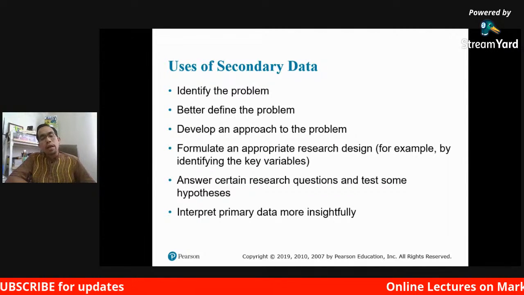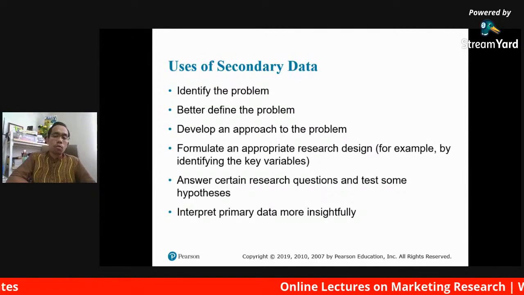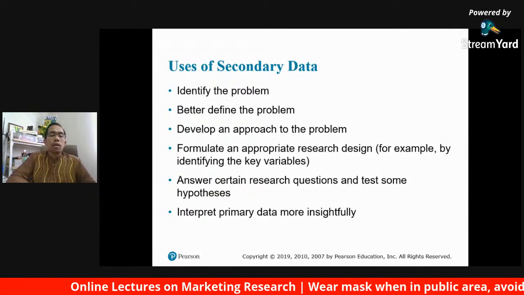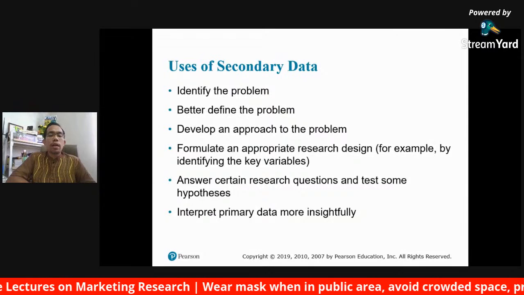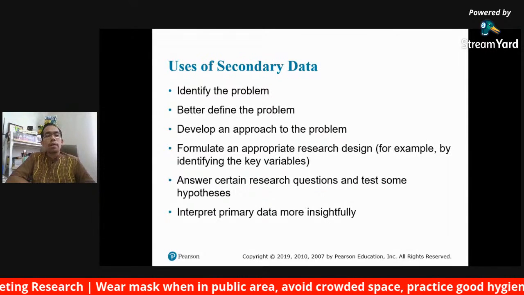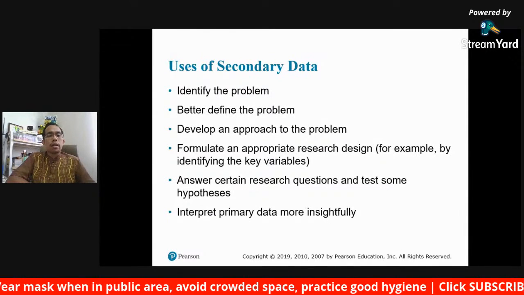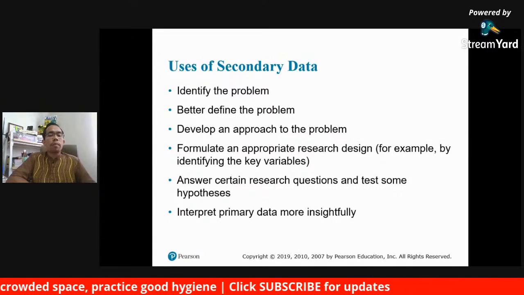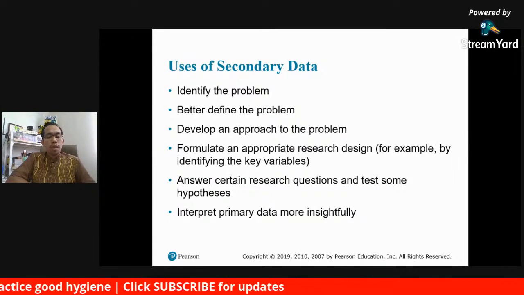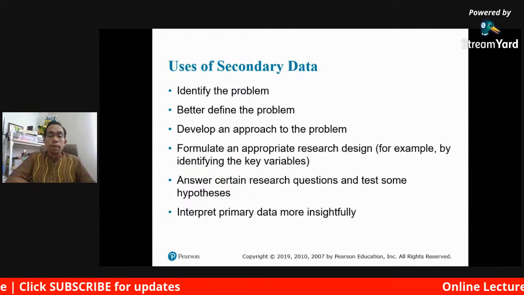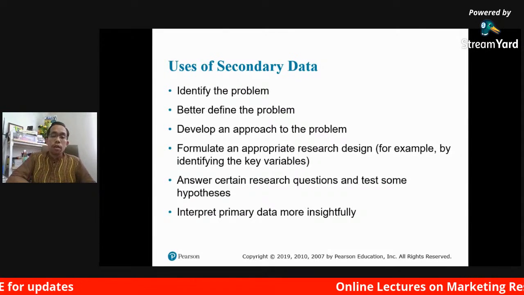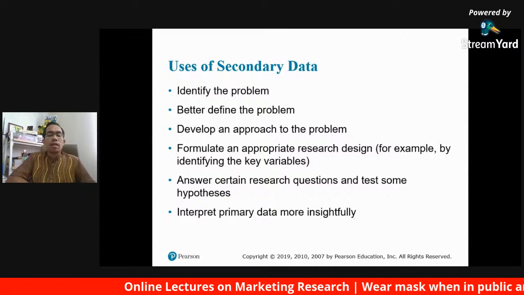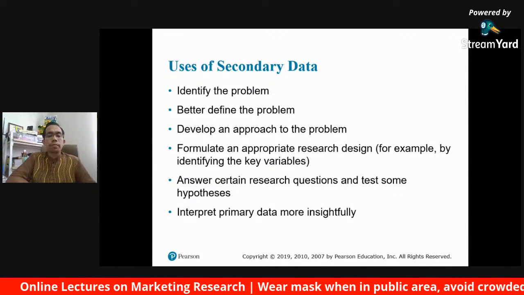Then it facilitates all the processes along the marketing research process, and helps formulate an appropriate research design. Might be the key variables are the same as our problem, but maybe the sample might not be the same. It also helps answer certain research questions and test some hypotheses.